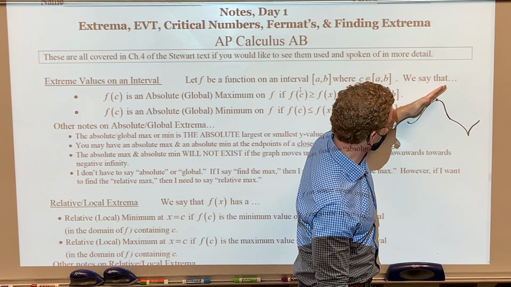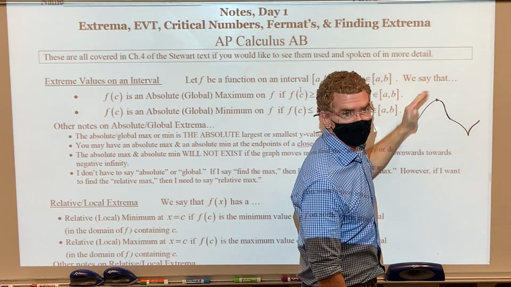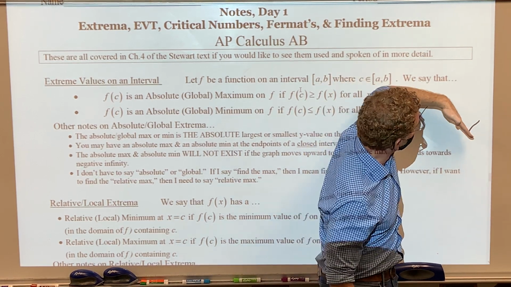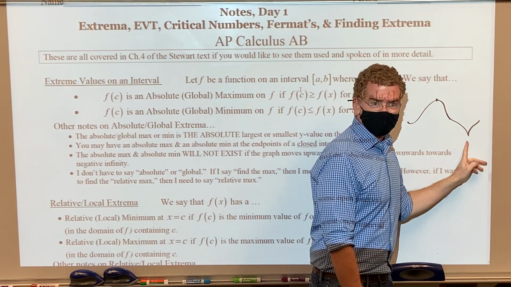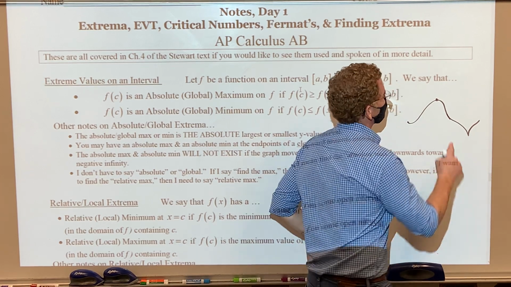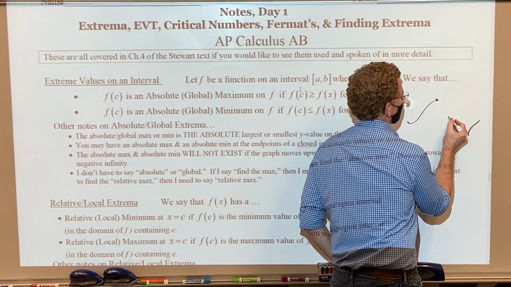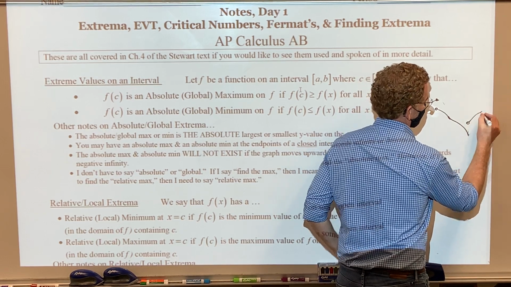Slopes are positive from one side, negative from the other, hitting zero: relative max. Slopes are negative from one side, positive from the other, maybe undefined: relative min. They define it like that, but you're never going to see situations like this or like this.